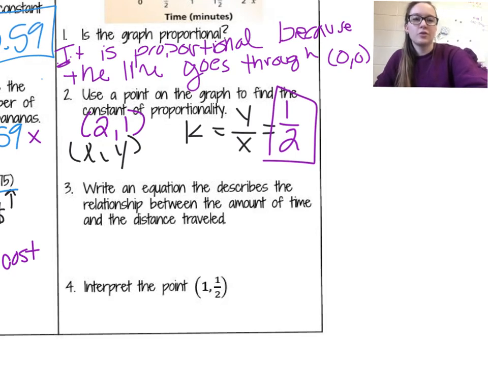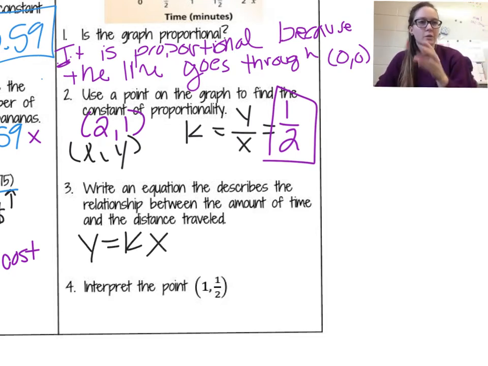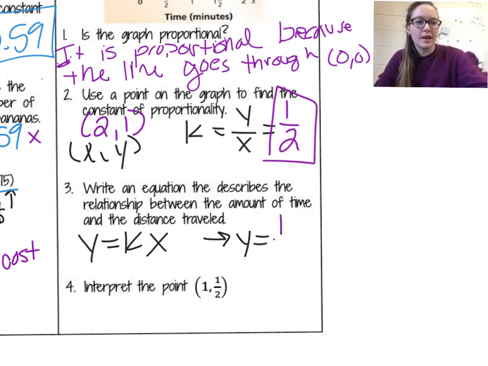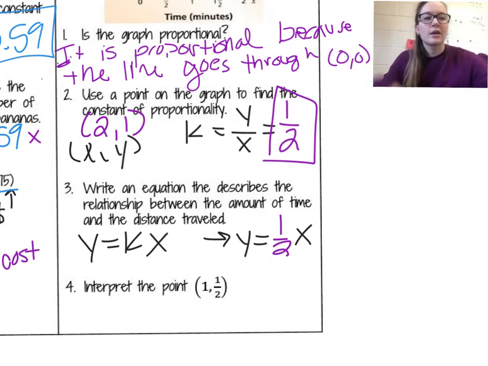So to write an equation, our equation is y, whatever that value represents, equals our relationship, our constant, times the x value, whatever that one represents. So I'm just gonna, instead of k, write my 1/2 times x. Well, let's go look at our graph real quick.